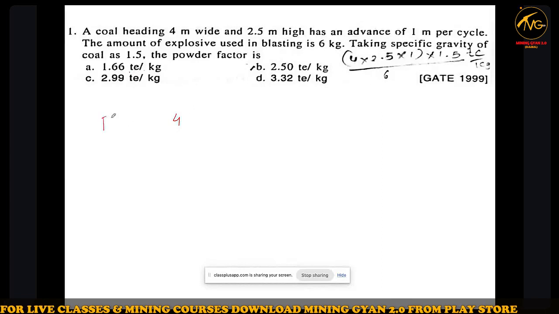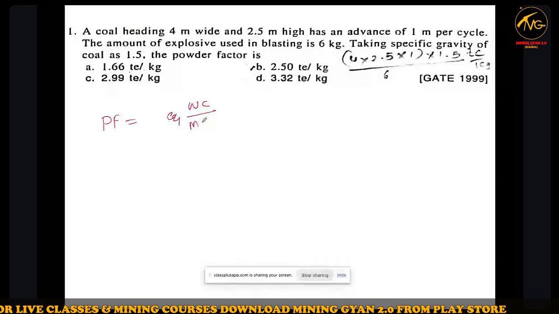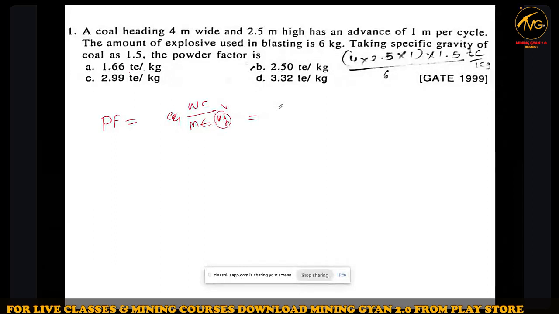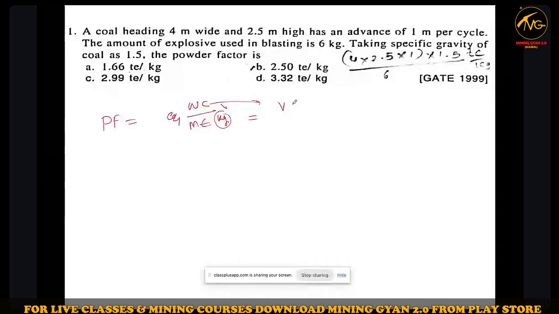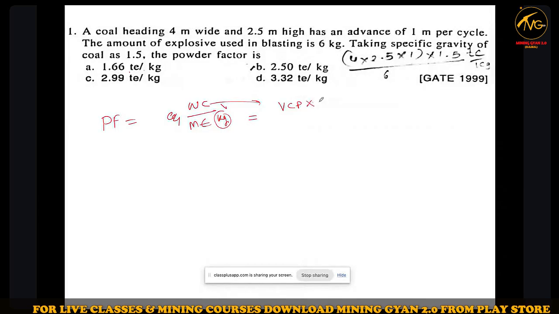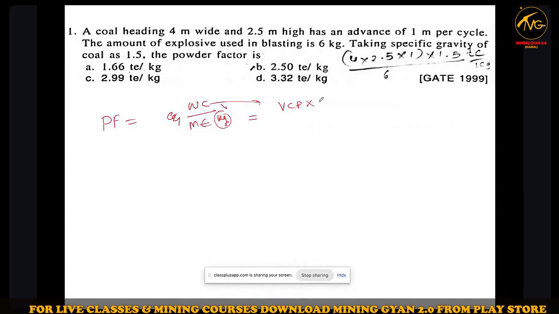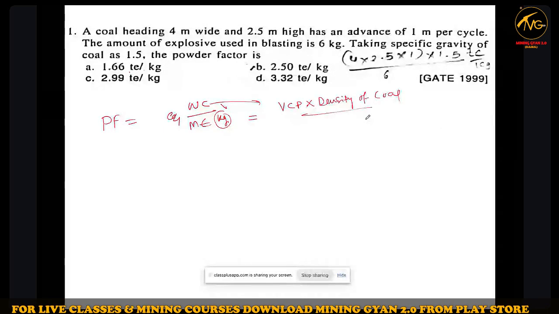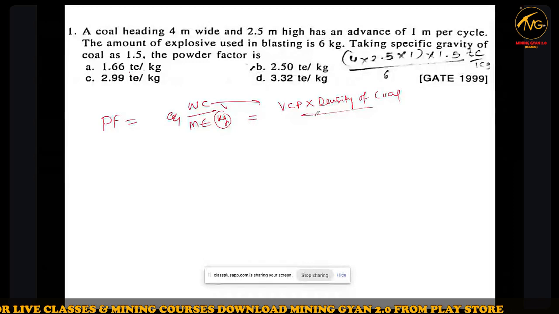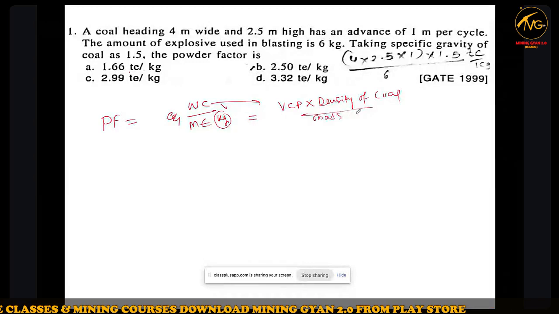Powder factor formula is the weight of the coal by mass required for explosive, in kg. So it is the volume of coal produced into density of coal divided by mass of explosive required.